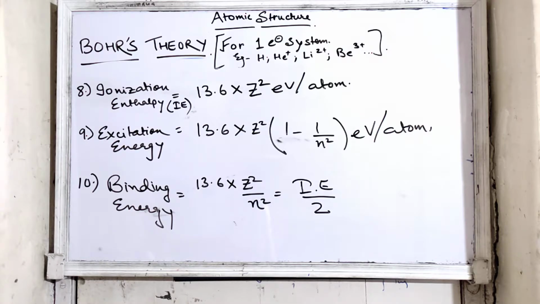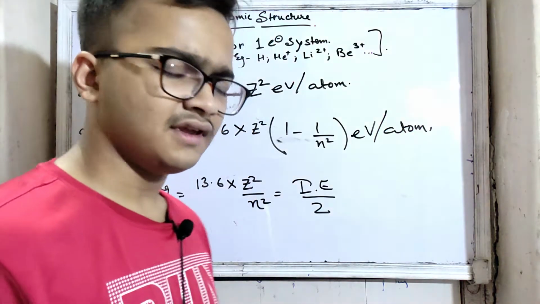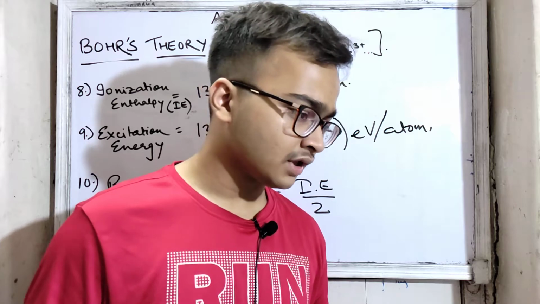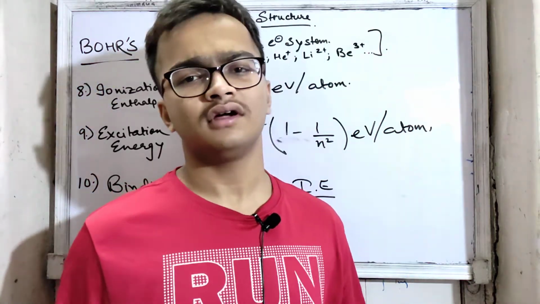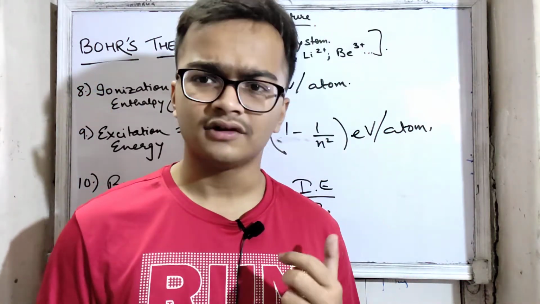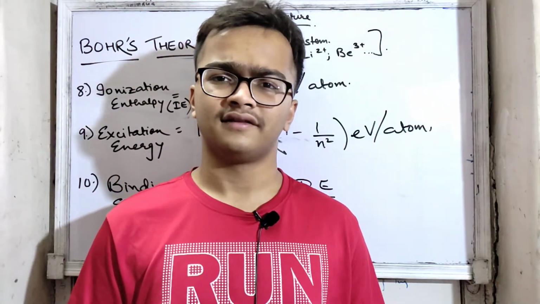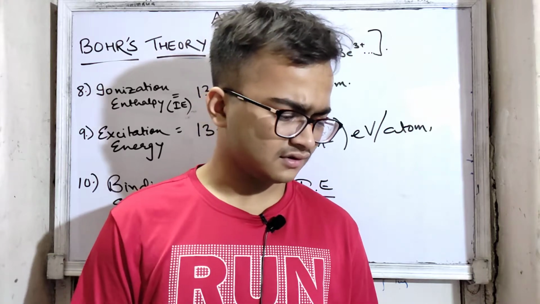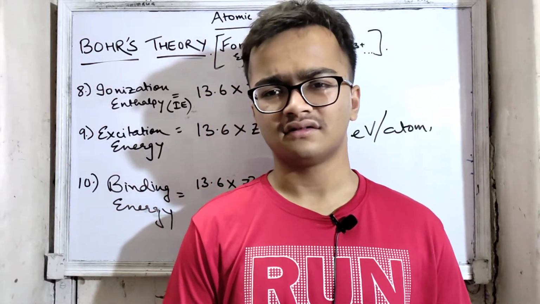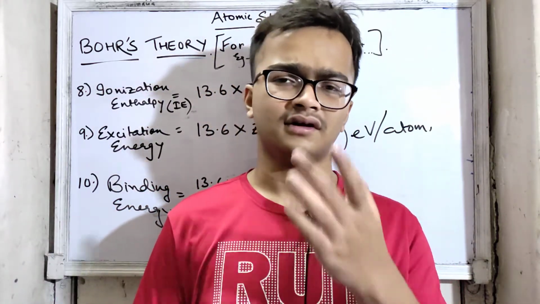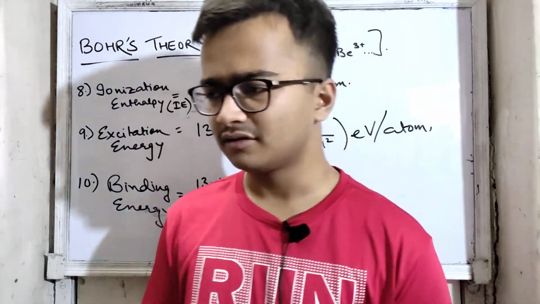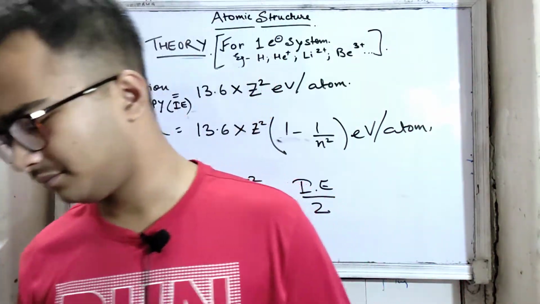So this was the formula for binding energy, that means the energy with which the electrons are bound around the nucleus. So copy up to this much. After this we will come to the formula for the time period, and thereby we will also discuss how frequency depends upon the time period. So copy up to this much, we will learn about the time period.